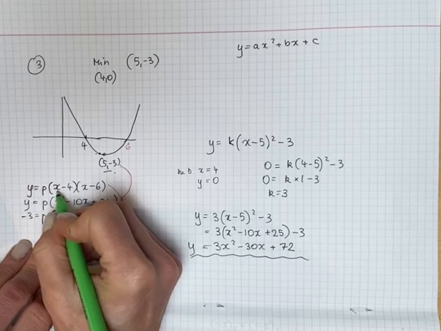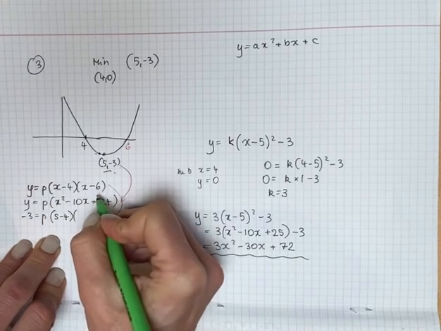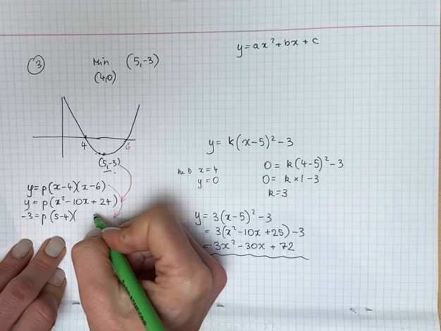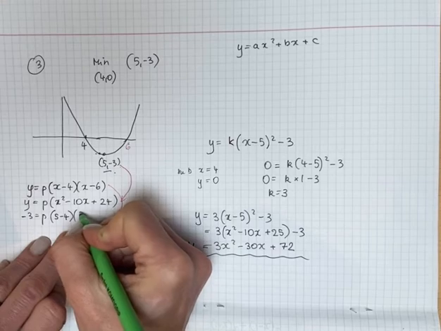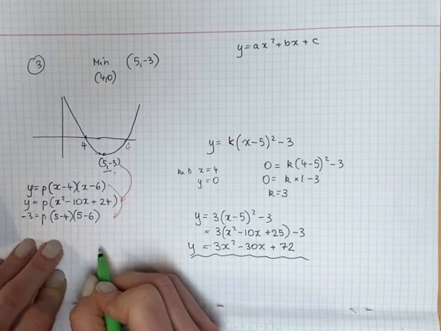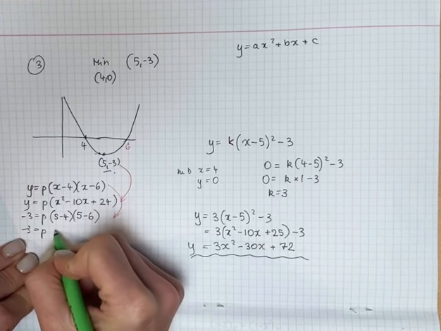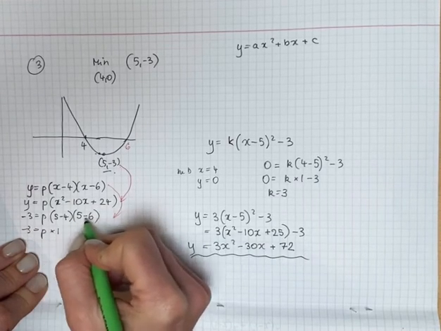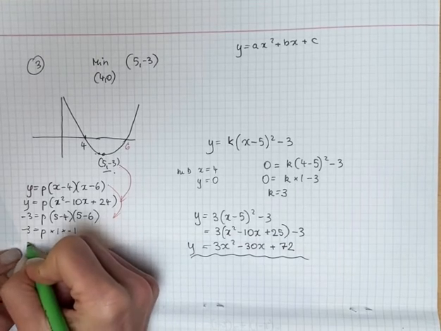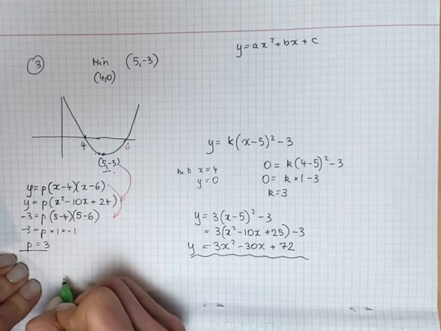So x goes in there, so it's 5 minus 4, and then 5 minus 6 goes into this one. That gives me 5 minus 4 is 1, and this one is minus 1, so -3 equals -p, so p is 3.